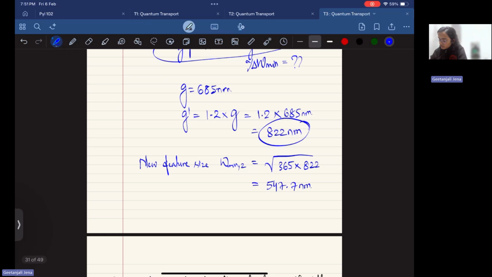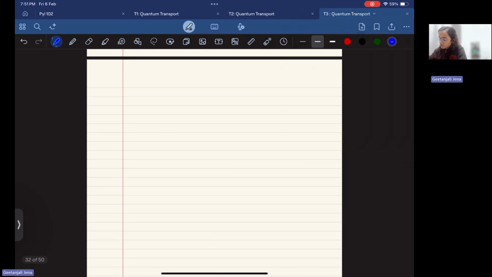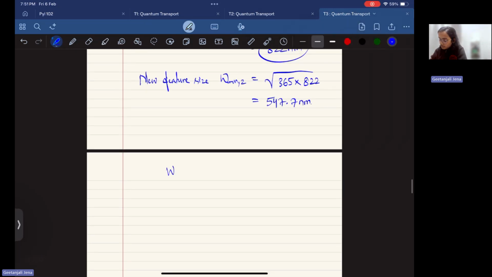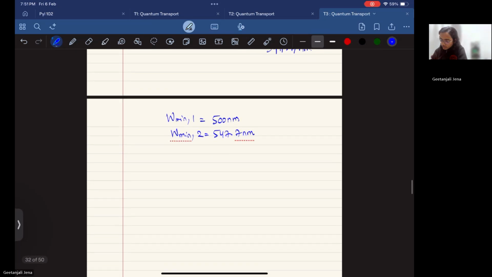That means previously we had a feature size of 500. It was 500 earlier. Now we have a feature size of 547.7 nanometer. So the percentage increase will be this. I think you already know, this is how you can calculate the percentage change.